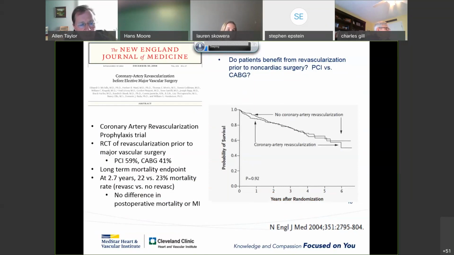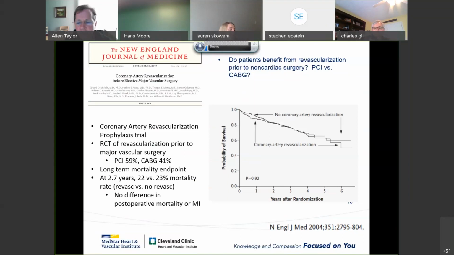The CARP study, the Coronary Artery Revascularization Prophylaxis study, was a study of vascular surgery patients, now published 16 years ago, and patients were randomized to cath and then revascularization as appropriate prior to major vascular surgery.